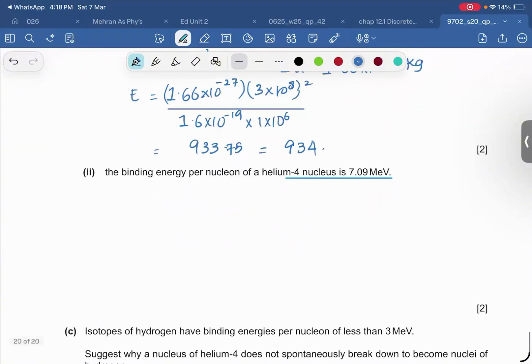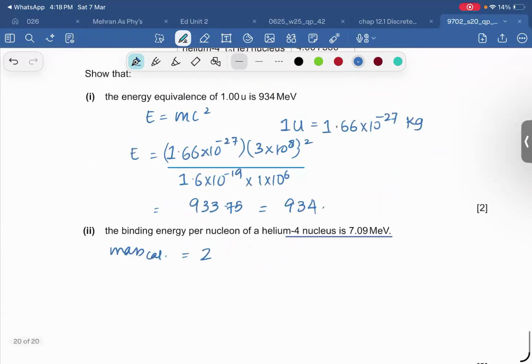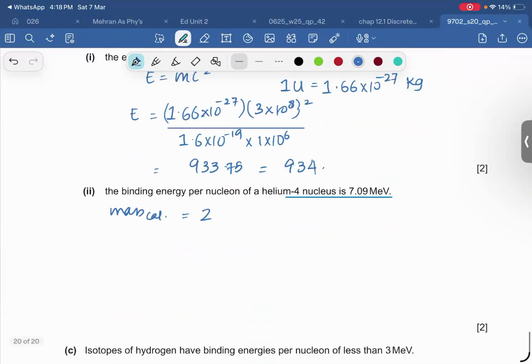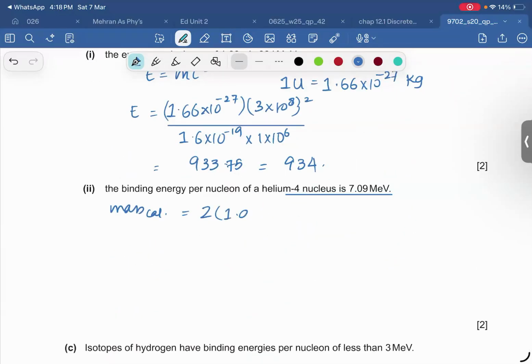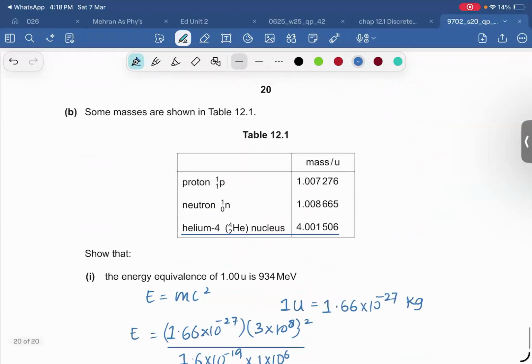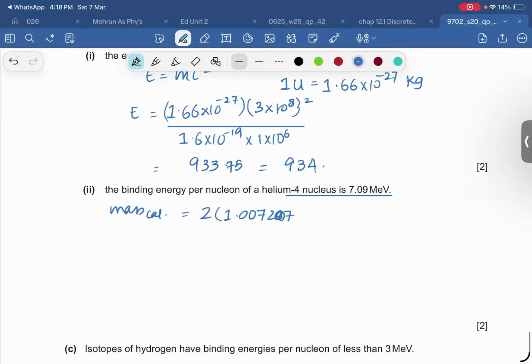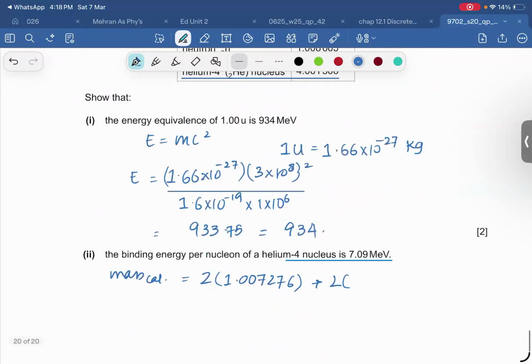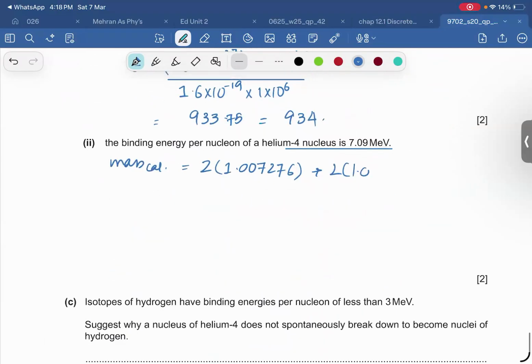The calculated mass is 2 times the mass of the proton, which is 1.007276, plus 2 times the mass of the neutron, which is 1.008665. This is the calculated mass of the helium.